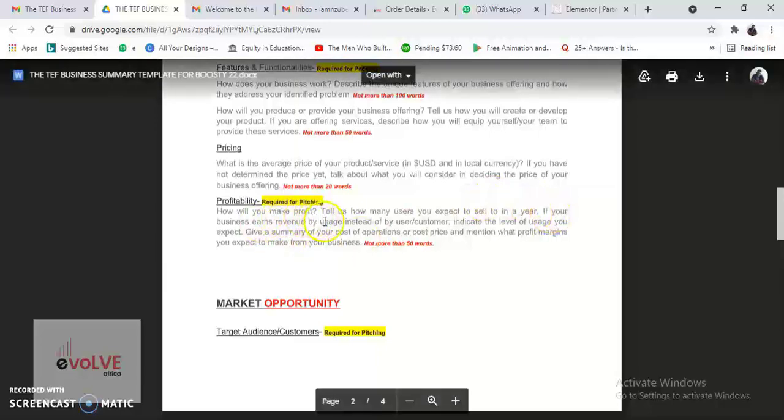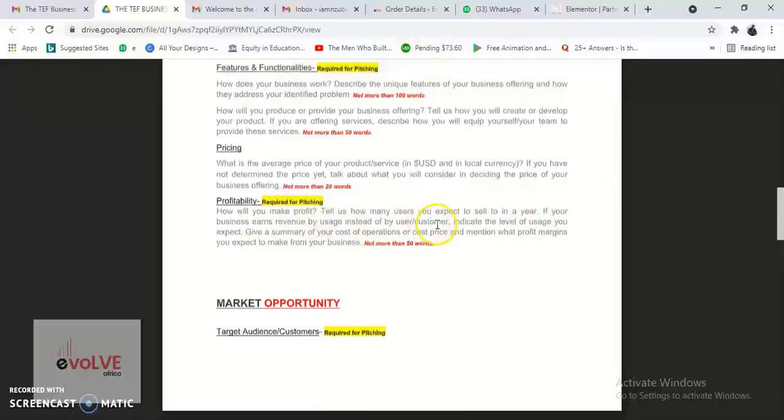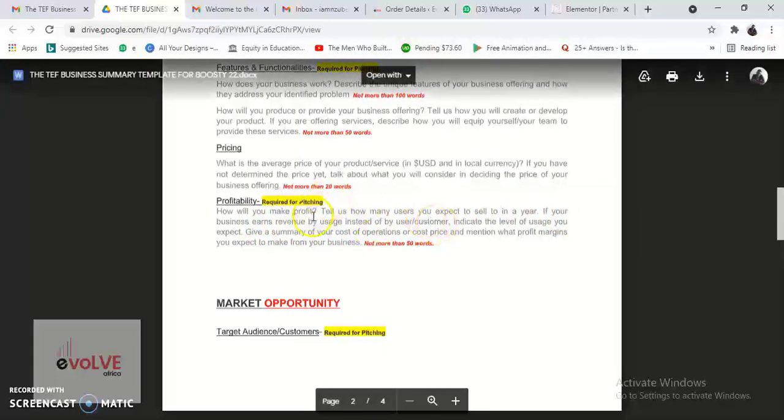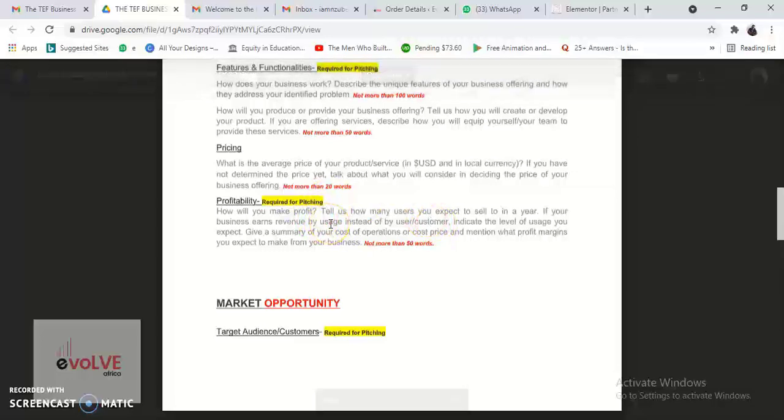If your business earns revenue by usage instead of by customer, what they mean here by usage is maybe subscription, or licensing, or pay as you go. Examples like DSTV subscription: when you subscribe for a month, if you don't use it, it's lost to you. But for things like airtime, when you buy a recharge card, if you leave it for a month, it will still be there for you to use. Are you getting the difference now?